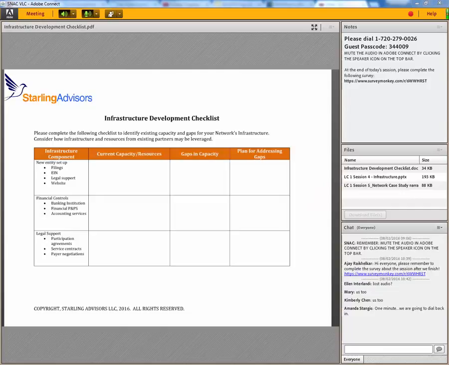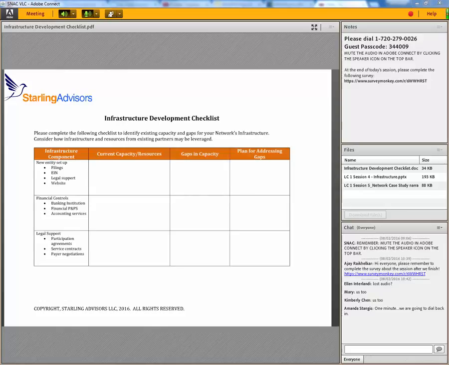Perfect. We got this worked out this week so that we are actually in a position to show you these. We are simply asking that you spend a little time with your team talking about a key set of key infrastructure areas like the setup of a new entity, like the financial controls, like legal support. What would be your current capacity?